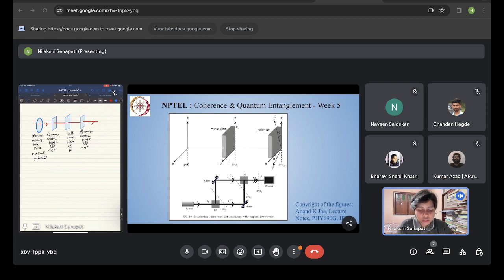So suppose we have this scenario: some light is coming, there is a polarizer which makes the light vertically polarized, then it passes through one quarter wave plate, then a half wave plate at theta degree, and then a quarter wave plate at 45 degree. Now my question is, what will be the output?